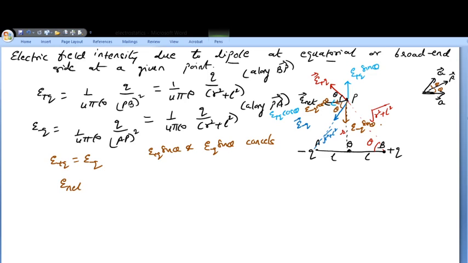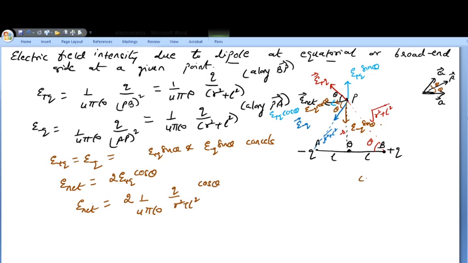E net is going to be twice E plus Q cos theta. And what is E plus Q? Magnitude wise both are equal, so E net is equal to twice 1 upon 4 pi epsilon naught and Q upon R square plus L square cos theta.